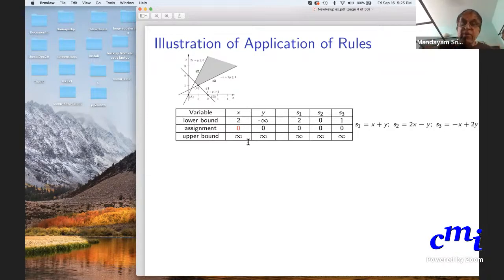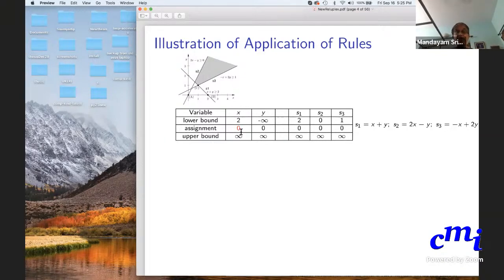So what I'm going to illustrate is the same example, with the additional constraint that x has to be greater than or equal to 2, by means of applying the inference rules. What I've shown here are the equations on the side and all these bounds.